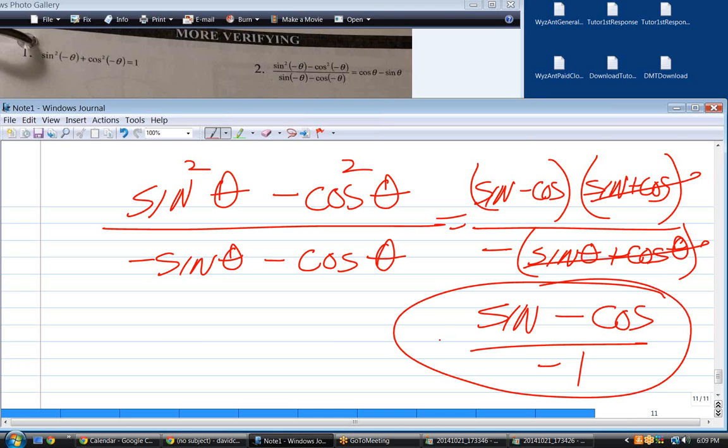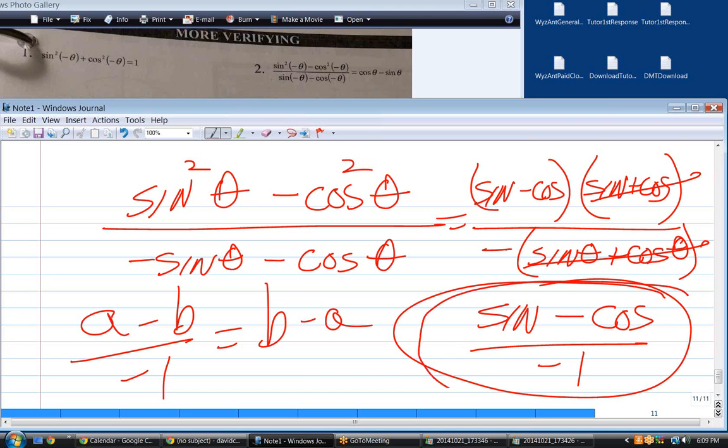What's that the same as? What's a minus b over negative 1 equal to? B minus a. A minus b is always equal to the negative of b minus a.